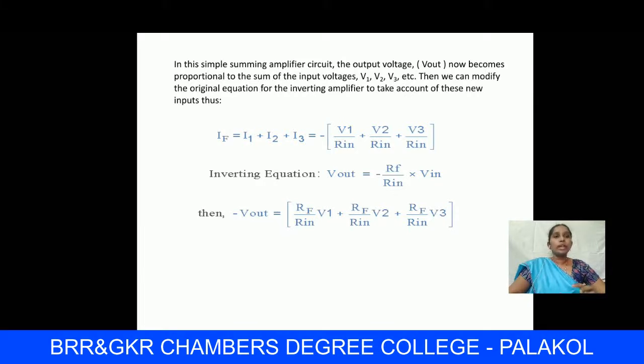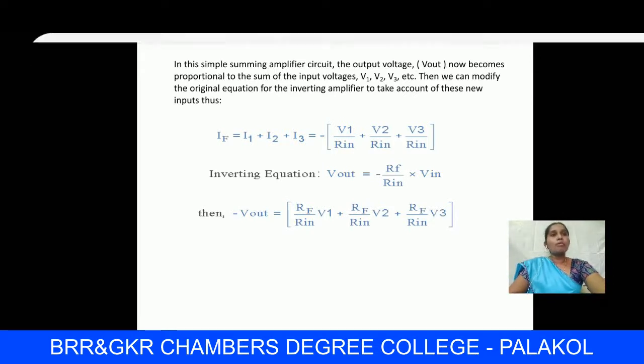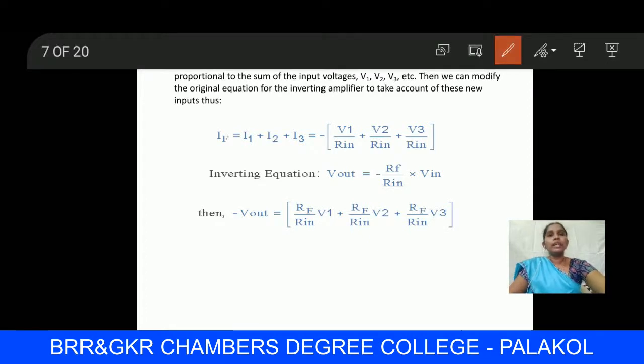The feedback current IF is the sum of all the currents, that is I1 plus I2 plus I3. Here we know it has a negative sign. Why? Because it is an inverting terminal we are using. Whatever the feedback, we have to connect that feedback to the inverting terminal.